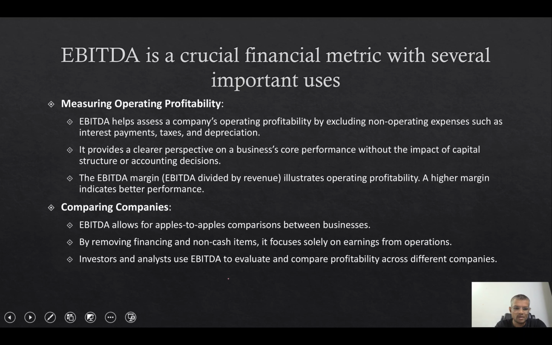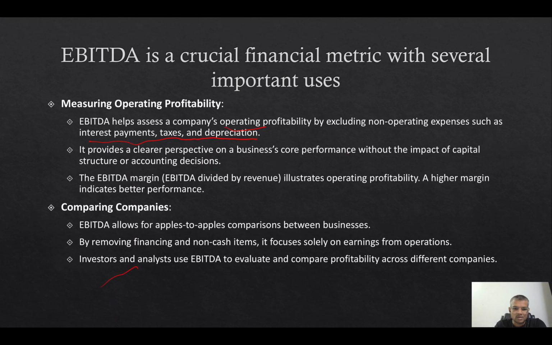For example, if we want to check the operating capability of a manufacturing or any entity, then we can compare it, because as I have informed earlier, interest payments, taxes and depreciation are not included. So it is basically a clear-cut indication of the operating performance of the business.